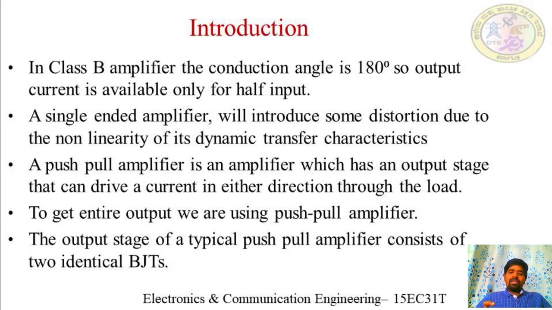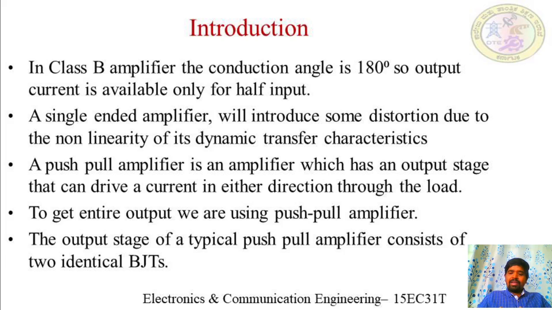Why do we use this push pull configuration? The conduction angle is 180 degrees, but we require the complete cycle of the output. For that purpose we use this push pull configuration.